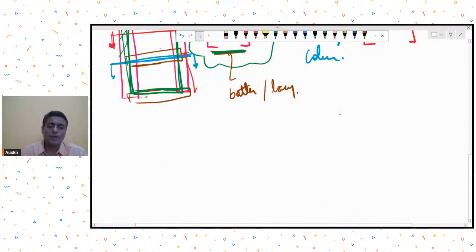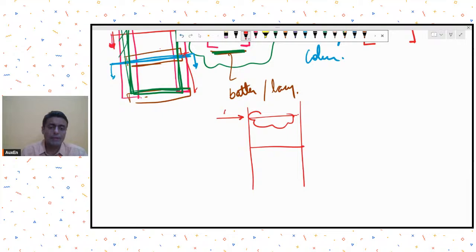If you want to find out the forces, the mechanics is simple. Let's say I'm taking a case of batten. If this was my external force acting on my column, and these are my batten plates, then as per the external force, I can easily calculate the force that will be transferred in the batten by simple mechanics principles.